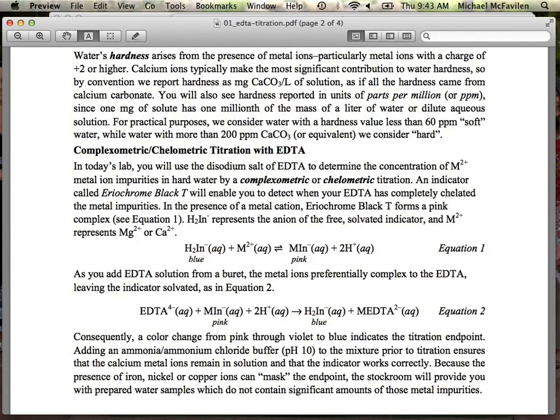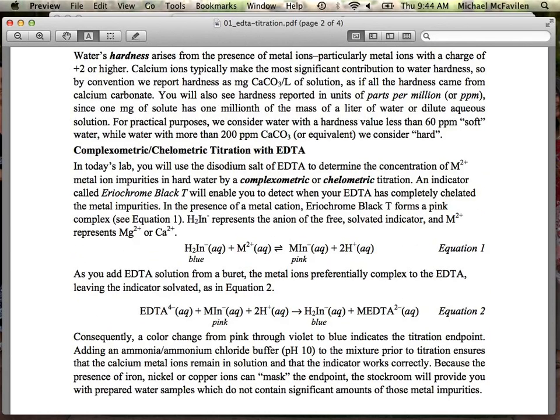I'm recording. So what we're trying to do is look for that color change. Okay. So what you're going to end up doing is slowly adding the EDTA via the titration technique using your burettes. So the burettes you'll have to get from the stockroom. You'll have your EDTA solution, and you'll slowly titrate in until you see that color change. Okay?